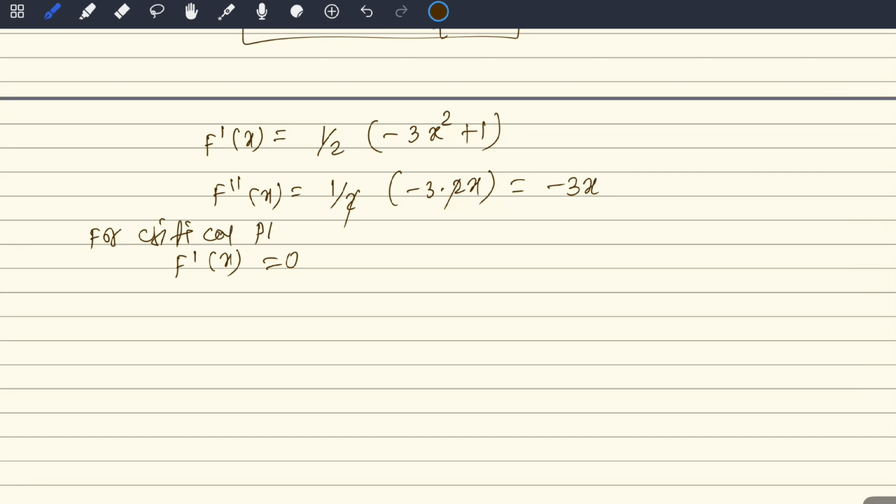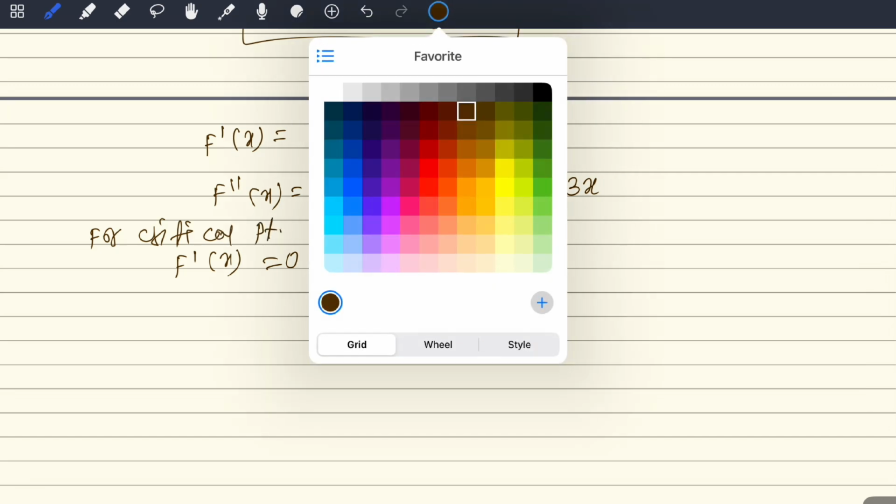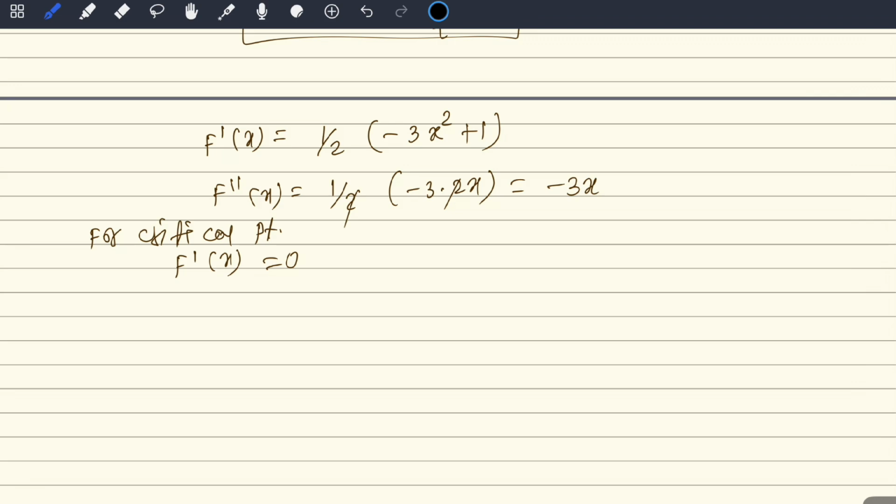This implies minus 3x square plus 1 is equal to 0. This implies x is equal to plus minus 1 by root 3.